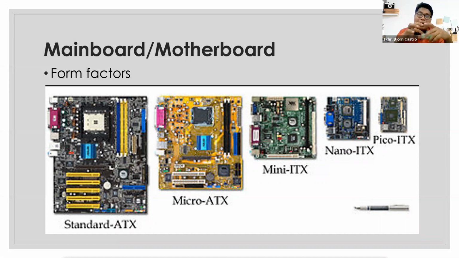But the Pico ITX is much smaller. And it is used for devices, mechanical devices. Like for example, the turnstile. Do you still remember the turnstile here in MCA? The turnstiles have mini computers, or what we call embedded computers.